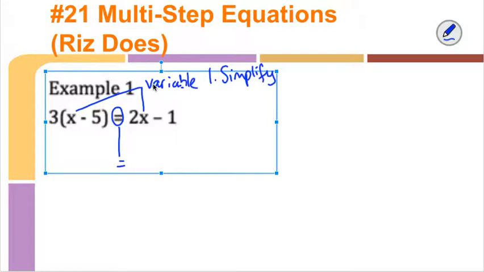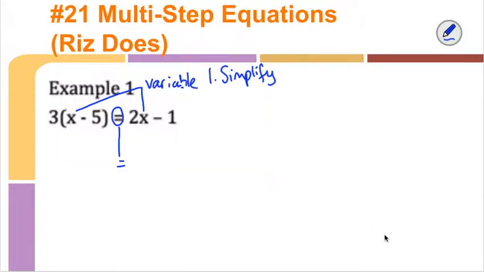Okay, so when I see a number outside a set of parentheses, I actually know that I can distribute. Remember, distributing means to multiply by every term in the parentheses. So 3 multiplied by x, that gives me 3x, and 3 multiplied by negative 5, that gives me negative 15.